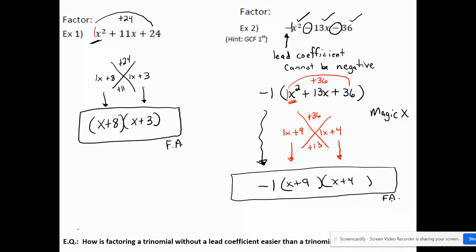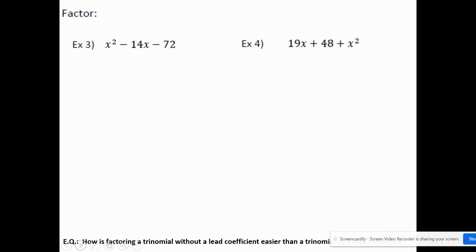Okay? So the difference here between what we've been doing is that we're not doing any dividing, and that only happens when you have a lead coefficient of 1, a hidden 1 there. Okay, so I'm going to go ahead and let you finish these next few problems on your own. I want to remind you here on example 4, you need to put in order first.